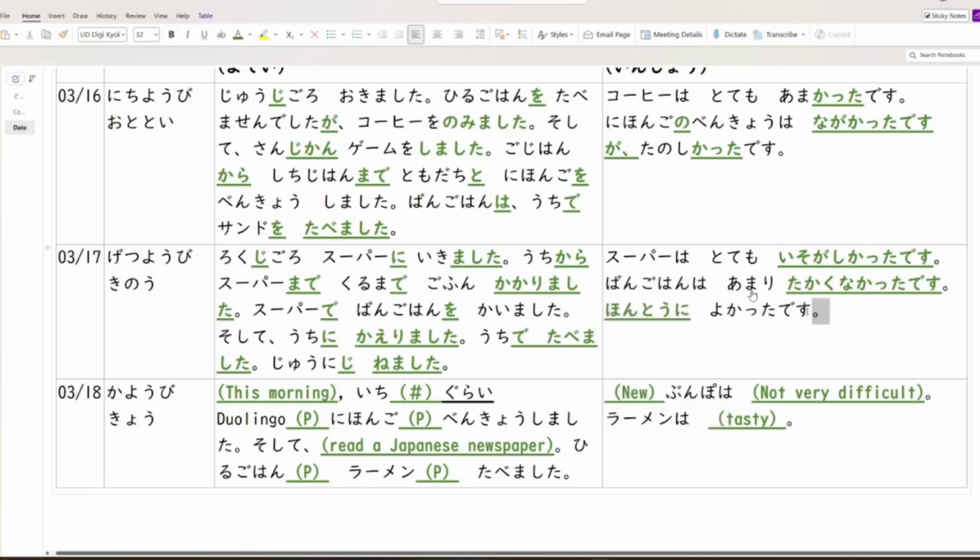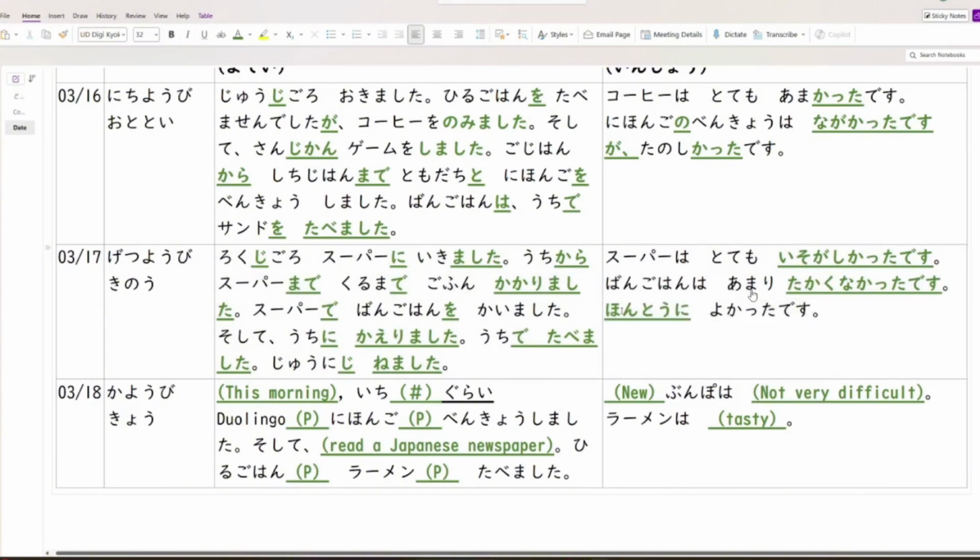I've heard hontōni as an exclamation, like a really? Is that true? And here you're just saying it without a hint of irony. You're just straightforwardly saying it was very yokatta. Truly, it was. Exactly. That's a good way of thinking of hontō. It's like truly.